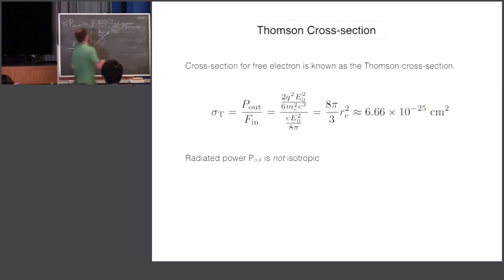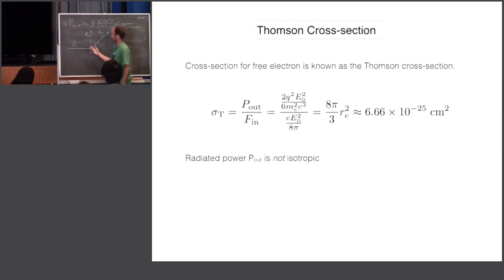Now you can imagine that if you are an observer looking at this electron, it is moving like this, right, up and down like this. Now I'm an observer sitting in the direction given by k_out. Suppose I were to sit all the way here, I would not see the oscillation of the electron at all, right? It would just be sitting still for me.